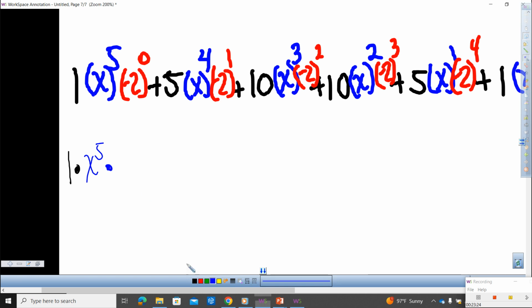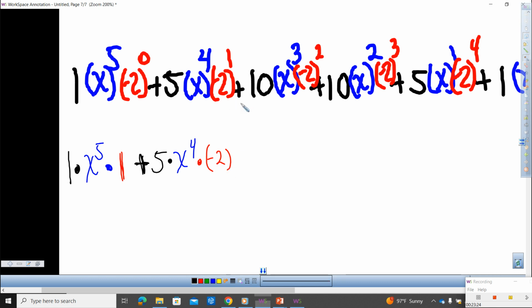Times, what is -2 to the 0 power? 1, plus 5 to the, there's an invisible 1, so I bring the 5 down, times, what is x to the 4th? X to the 4th. What is -2 to the 1st power? Yeah, times -2. Yes? All right.